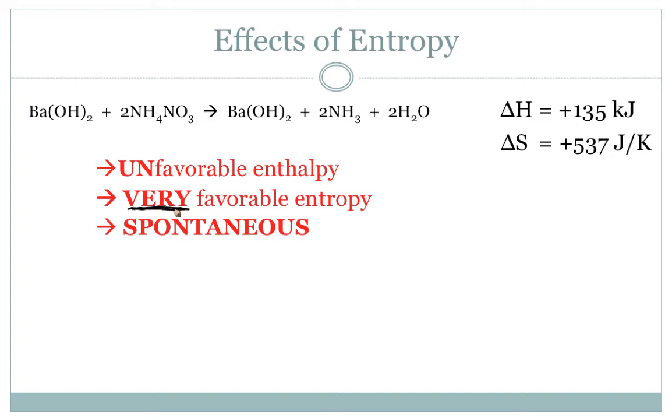There is a big increase in disorder in this system, one reason being that we create a lot of smaller products from just a couple of larger chemicals. We go from an organized system where all the molecules are bound together in a very specific way to a slightly less organized system where there are fewer individual particles that can behave independently. That creates a very positive value for delta S.